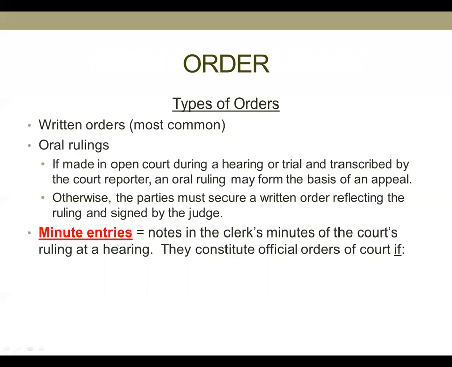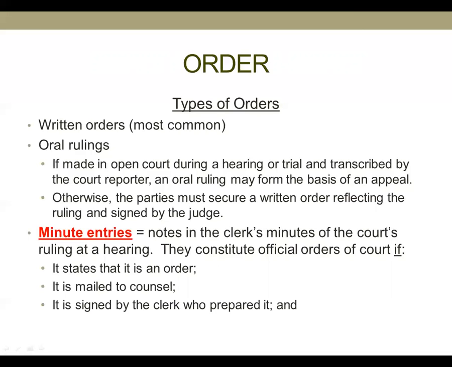Now, clerk's minutes can constitute official orders of the court and can be the basis of an appeal if the minute states that the ruling is an order and it is mailed to the counsel, that is the lawyers for the parties, and it is signed by the clerk who prepared those minutes.